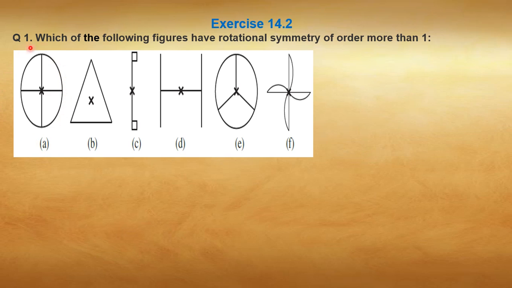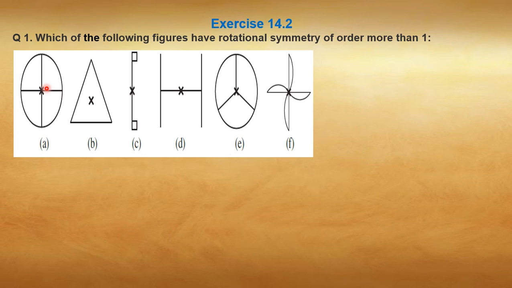For a complete circle, how many times a figure looks exactly the same is the order of rotation. The angle by which the figure turns and appears as it was previously is known as the angle of rotation.